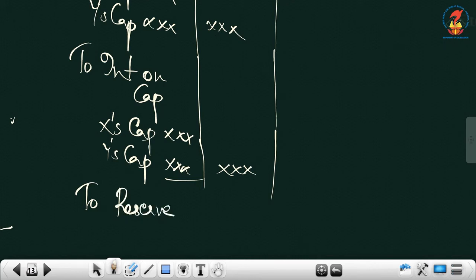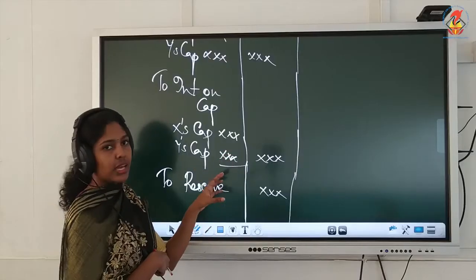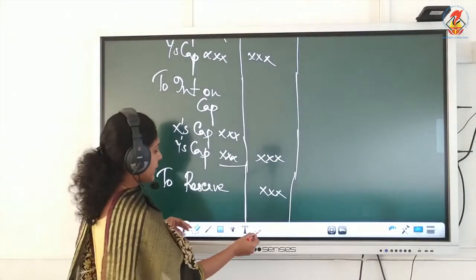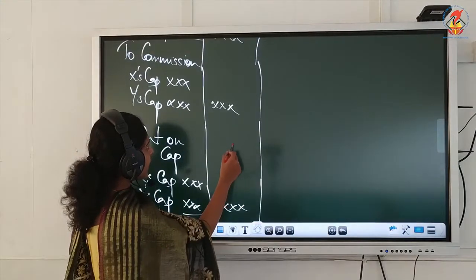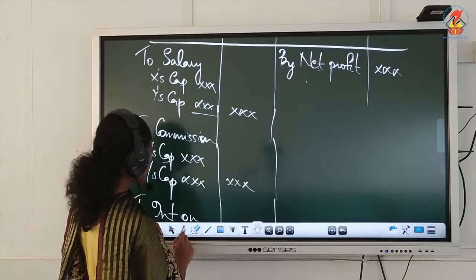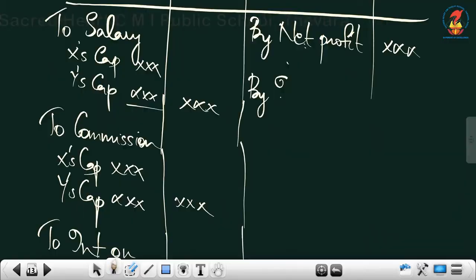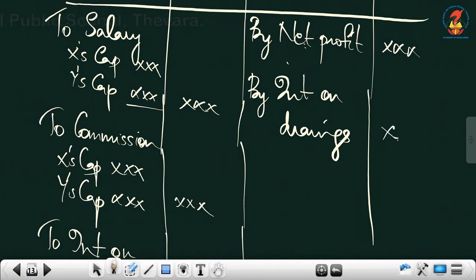Reserve is something which you are keeping aside to meet the contingencies that arise in future. So like this you have to write all those items that reduce your profit. Then if there is something that increases your profit, that must be written on the credit side, and that would be normally interest on drawings, because it's an income for us. For the firm, this is an income, we are getting this, it will be added to the profit.